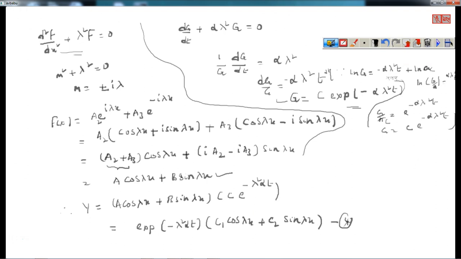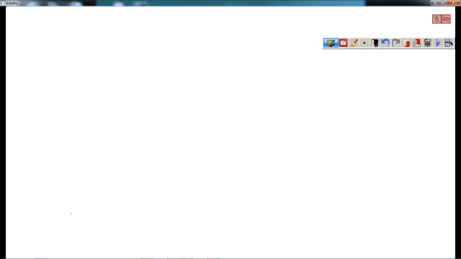Now I'll rewrite this one: y is equal to exponent of minus lambda square alpha t into c1 cos lambda x plus c2 sin lambda x. Right, now apply boundary conditions.